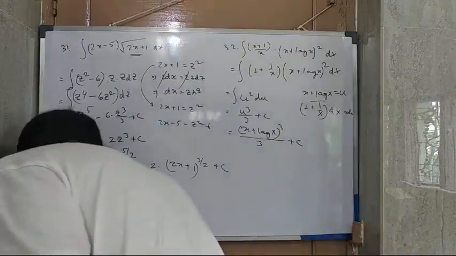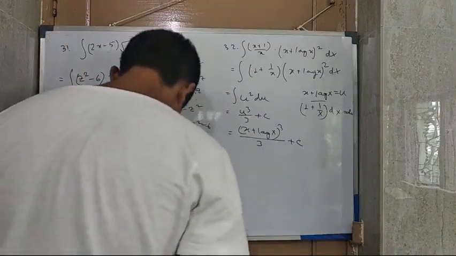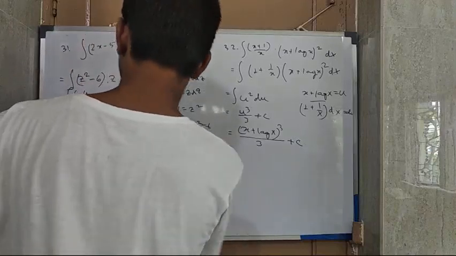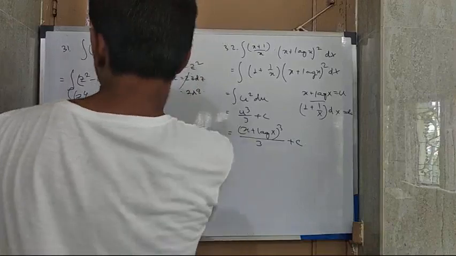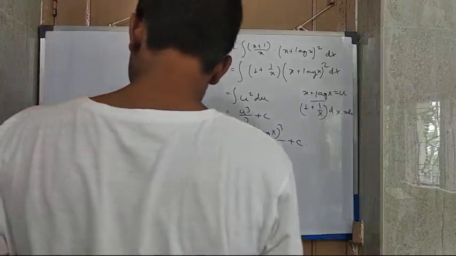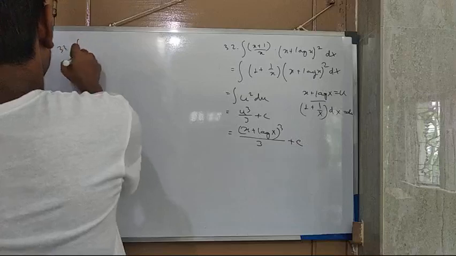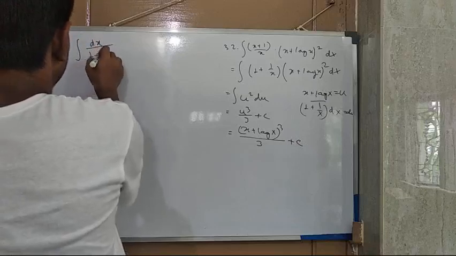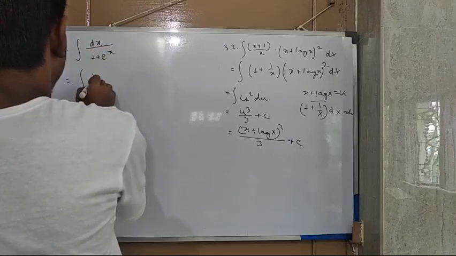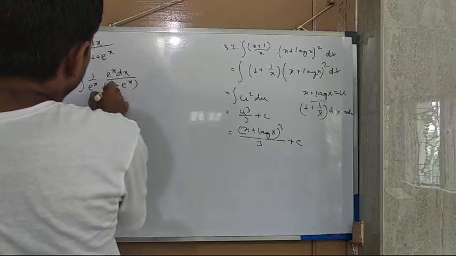So now let's proceed for the 33rd question, which is integral dx by 1 plus e to the power x, which is 1 by e to the power x times e to the power x dx by 1 plus e to the power x.